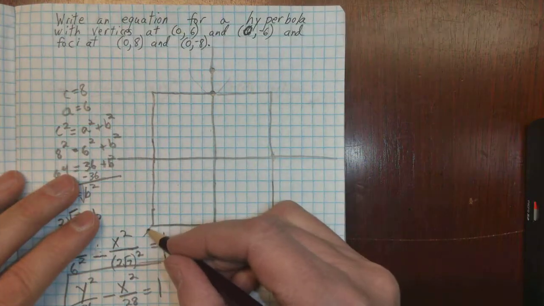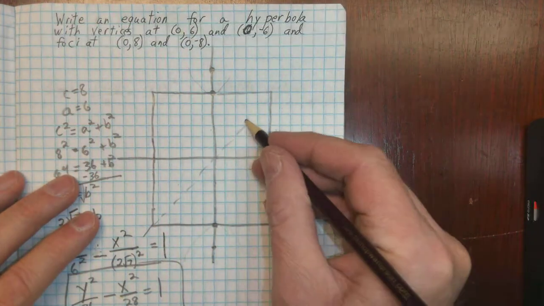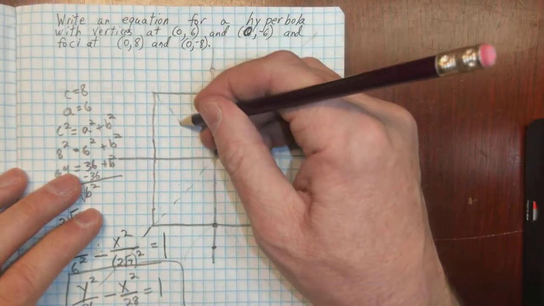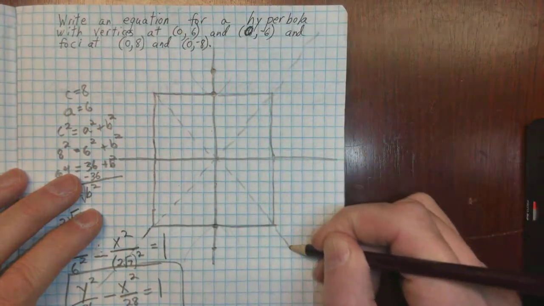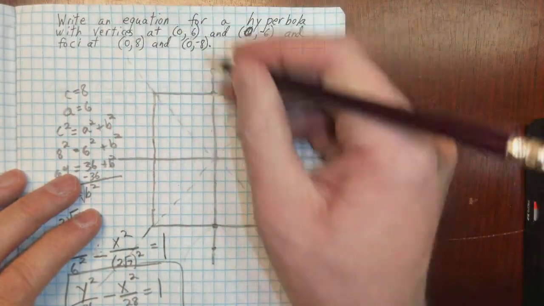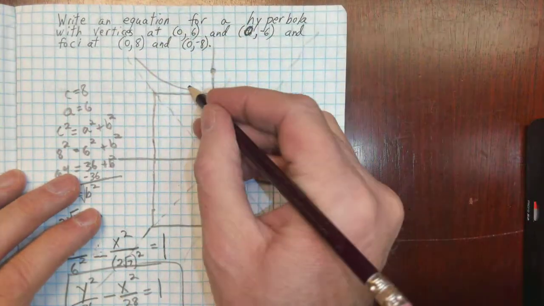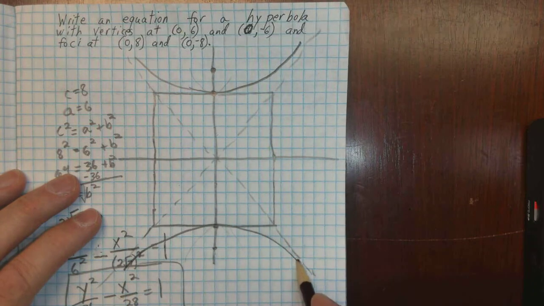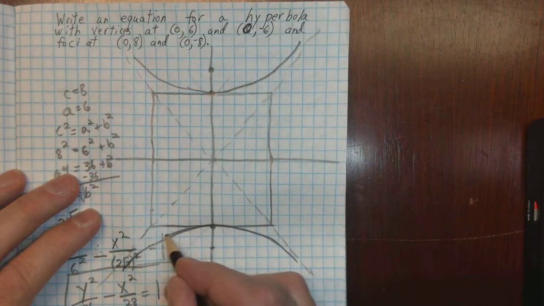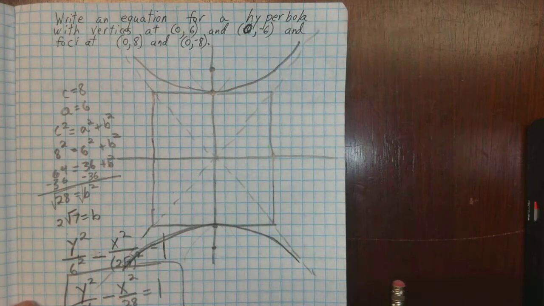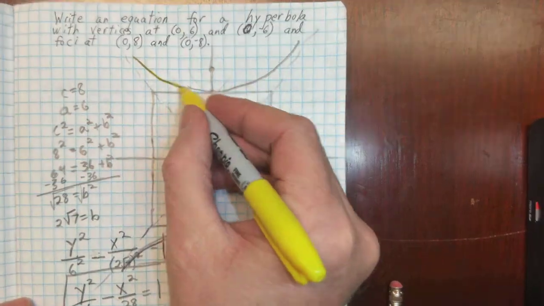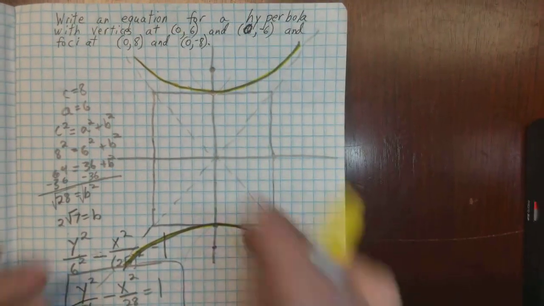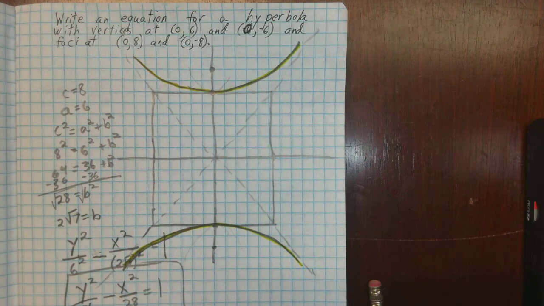And here are our asymptotes. These are the vertices, so a little wider than what I drew. I'm going to do this again, just to re-emphasize the point that this is the graph. None of this other stuff is the graph. All right.